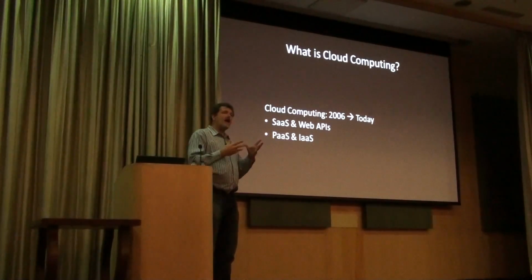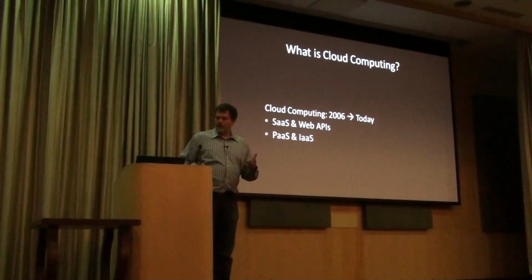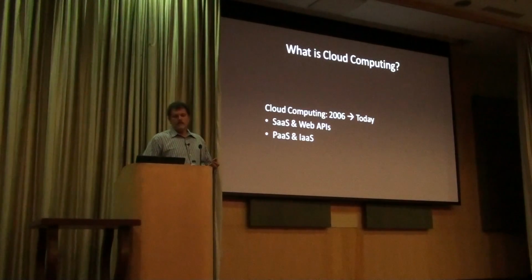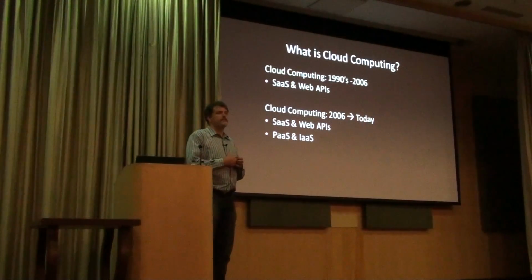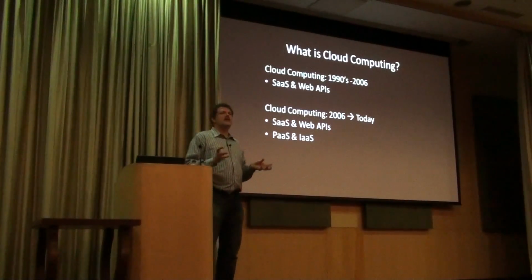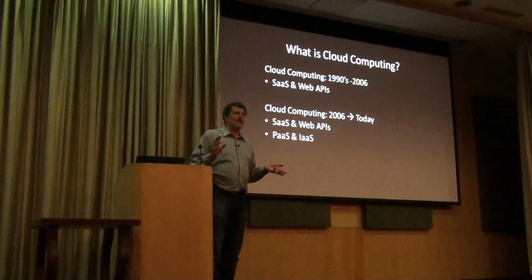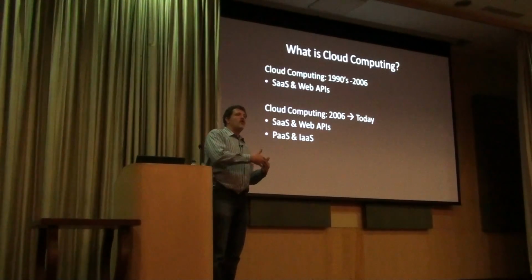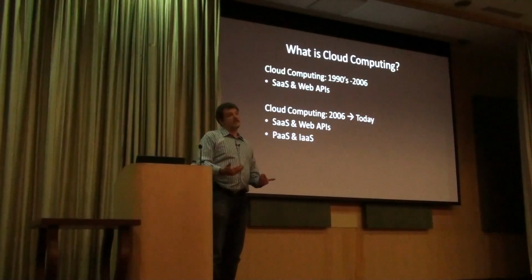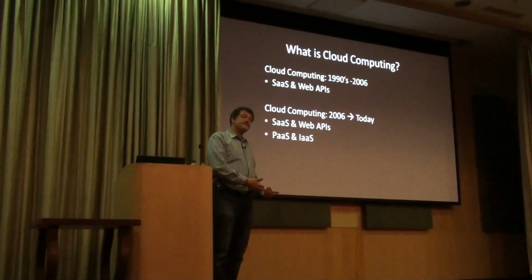Okay? But looking back, we finally realized that software as a service and web APIs are also types of cloud computing. So while the term cloud computing has really only been around since about 2008, the technology for infrastructure as a service and platform as a service has been around since about 2006.